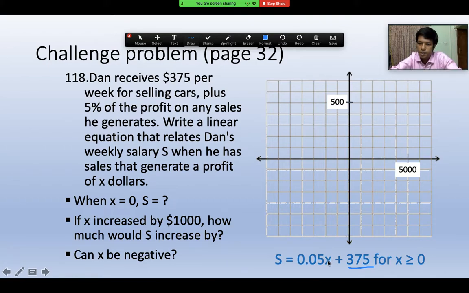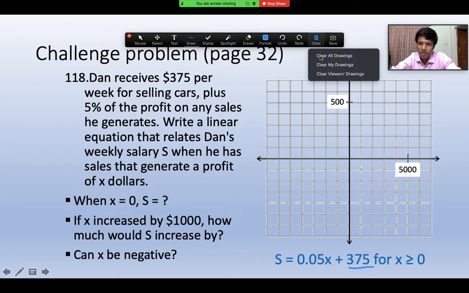Then x value 5, x value 100, x value 200, as you can see, x value can be 1000 also. Then the value will increase. There is one thing: can x be negative? Basically he cannot do that, right? Because this sale profit he generated, he cannot go back.